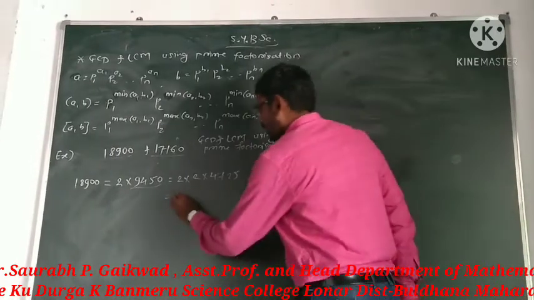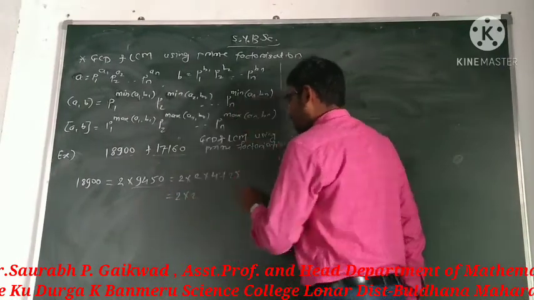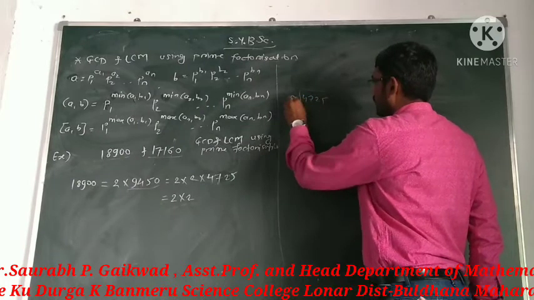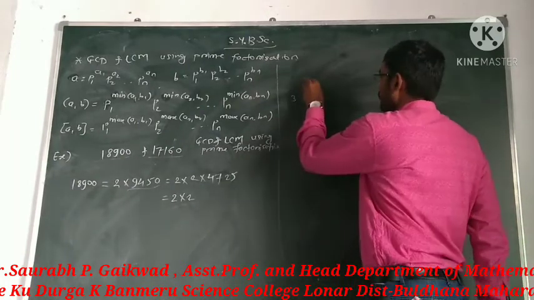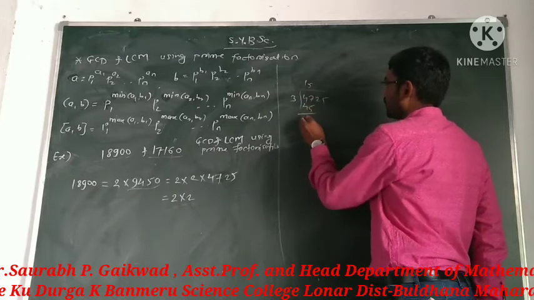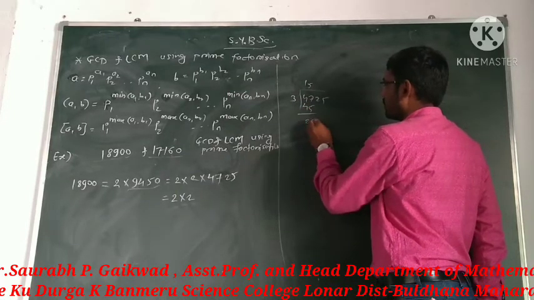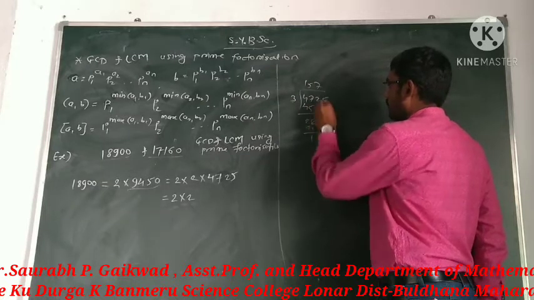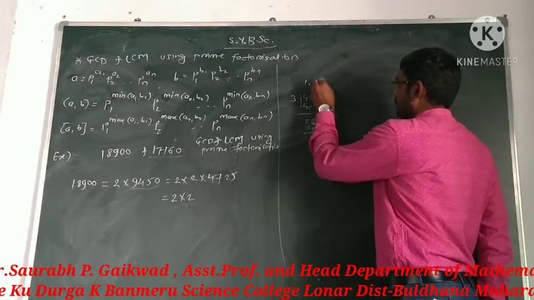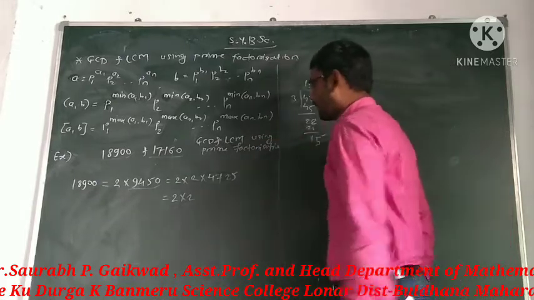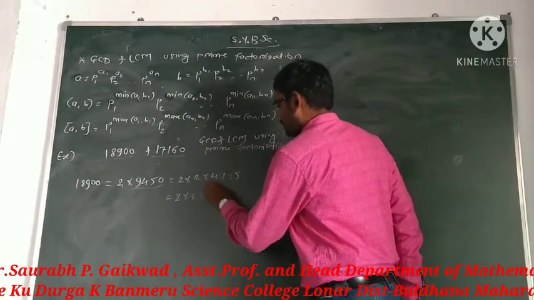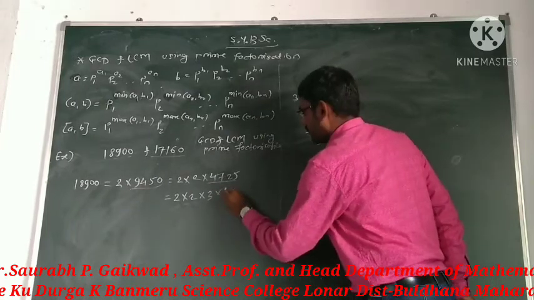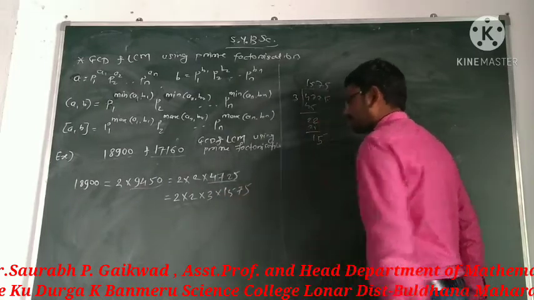We get 4725 divided by 3, which is 1575. So 4725 is equal to 3 into 1575.